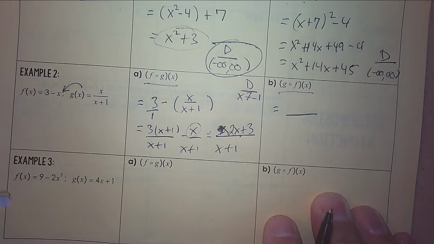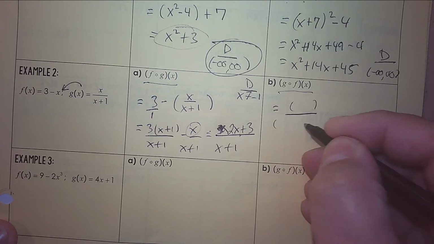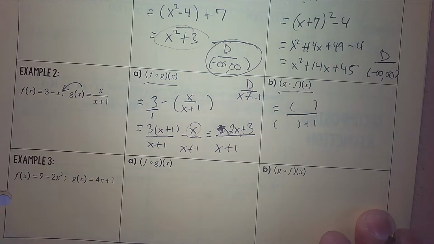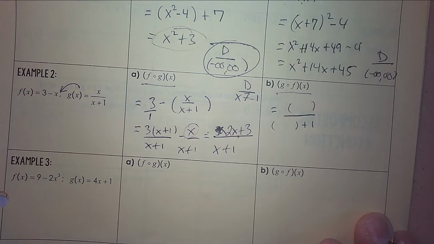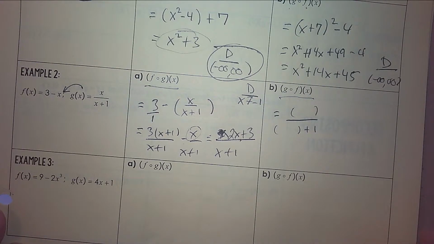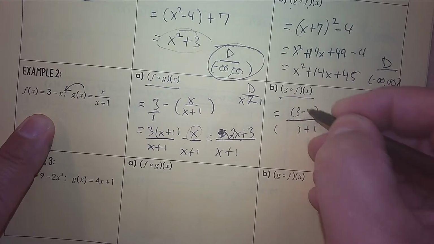But what I want to do to make your life easier is wherever there's an x, I'm going to put in parentheses. So instead of x over x plus 1, do you see I took out every x and put in parentheses? What do you think goes inside the parentheses for substitution? So I put in F, which is 3 minus x.